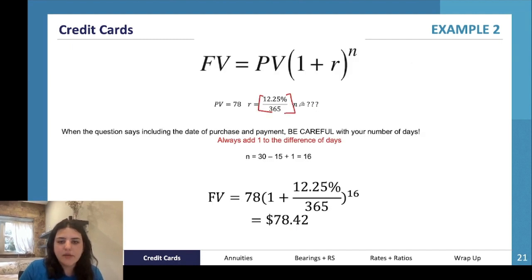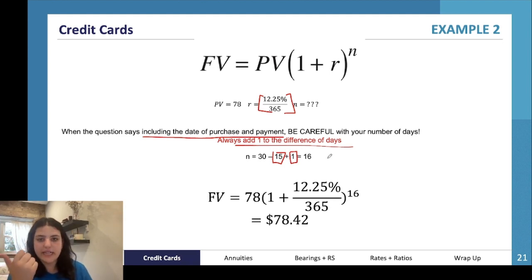But our number of time periods, the question said including the date of purchase and payment. So we're going to add 1 to the difference of days. So we're going to do 30th, which is the payment date at the end of the month, minus 15th, which is the date of purchase, plus 1, right?